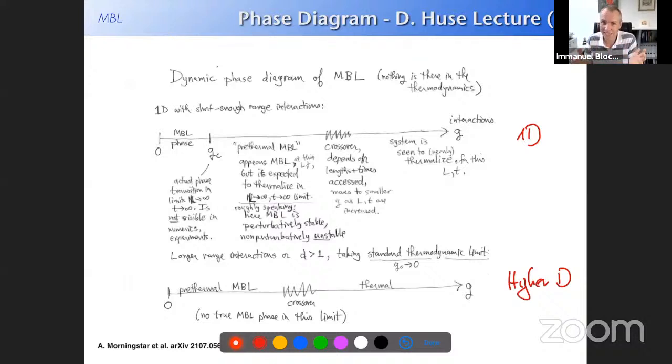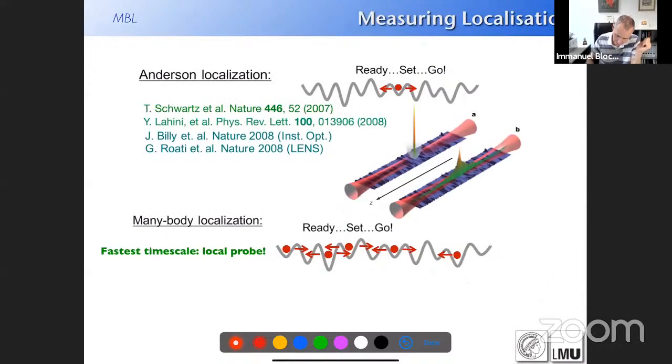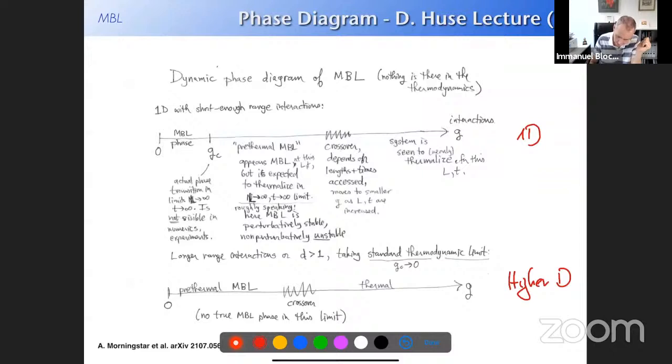So I think this has not settled the debate. But his favored scenario was that as we, for example, crank up interactions or disorder here, we can have a thermalizing phase in this region. The system is thermal. And then there's a crossover into what he calls a pre-thermal MBL phase.